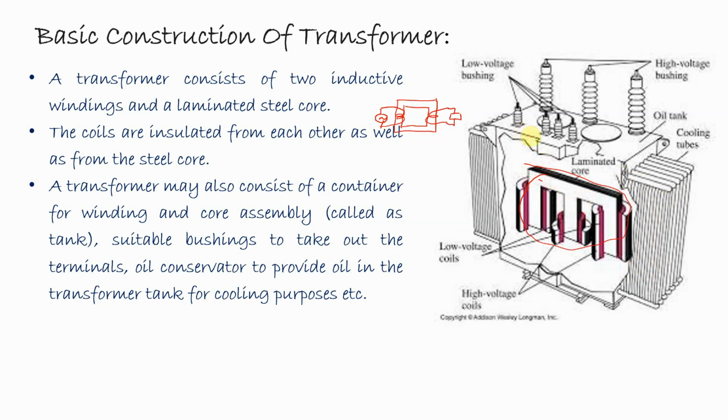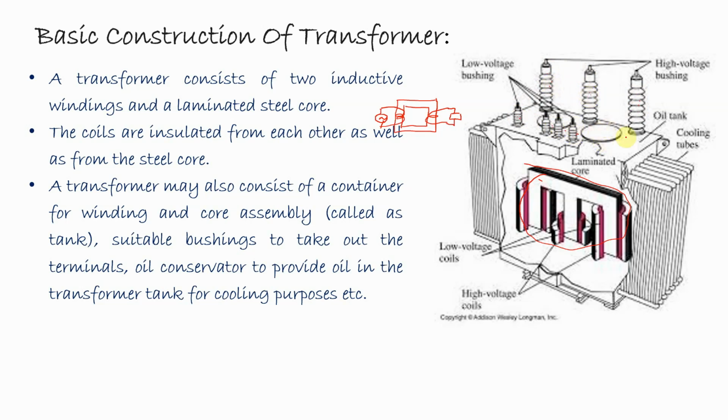On the upper side of the transformer, there are some standing parts. These are called the bushings. Here we can see that there are three lengthier bushings, and these are the shorter bushings. So this is basically for the low voltage and this is for the high voltage.